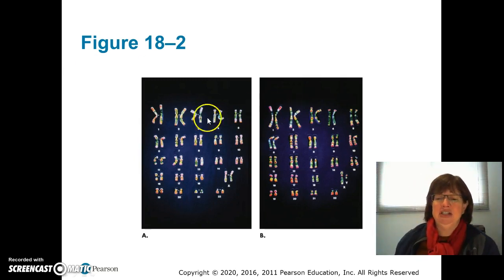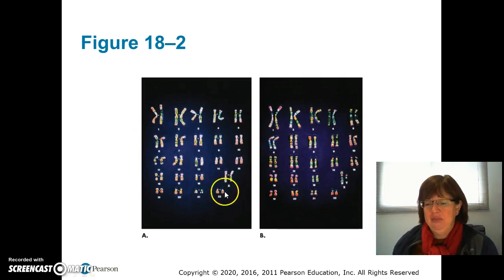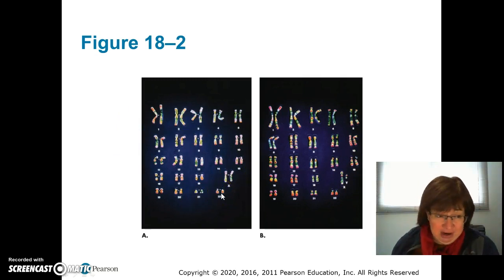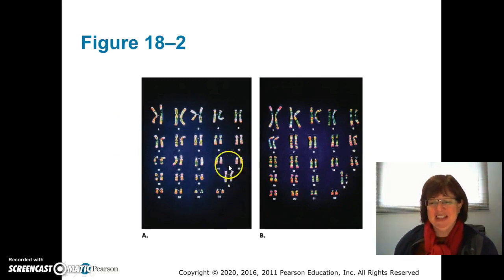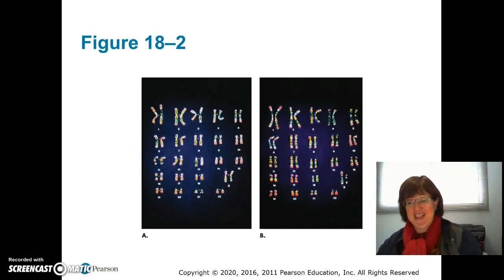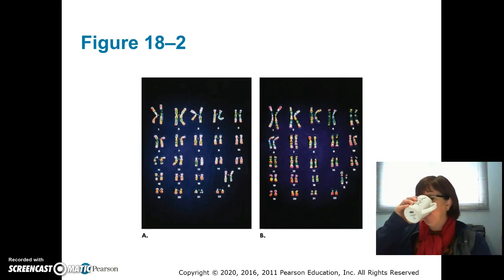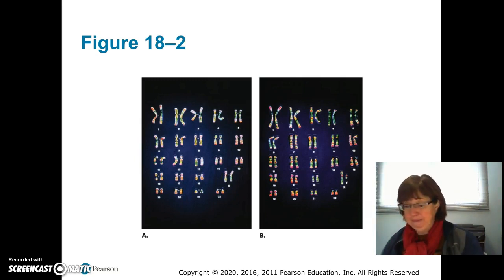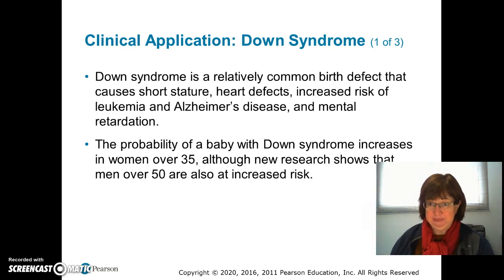So here you can see this has 2 identical X chromosomes, where here you have a different X and a Y. So this is a male on this side, and this is a female on this side. So there's what's called 22 autosomal pairs, which control everything else, and then the 23rd pair controls the sex of the child or of the human.